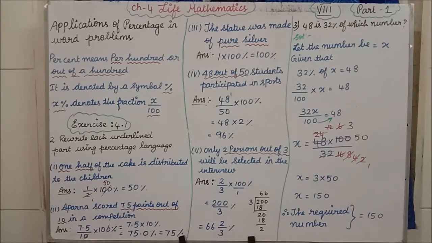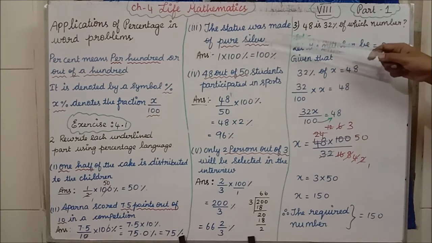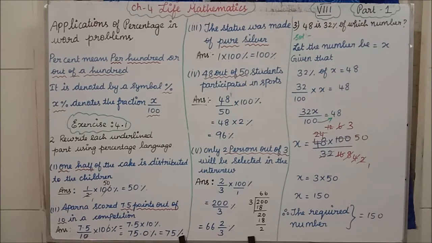Now see the third question: the statue was made up of pure silver. One statue is made of pure silver. In this question they have not given any quantity or number, but instead they have given the word pure.